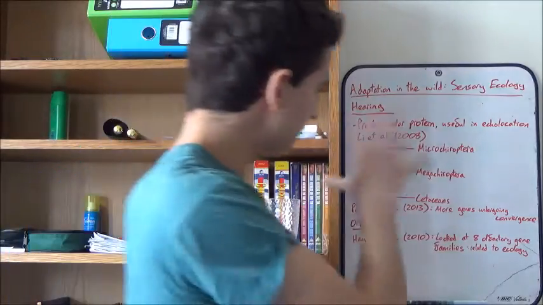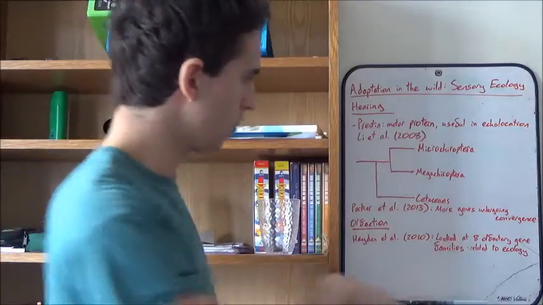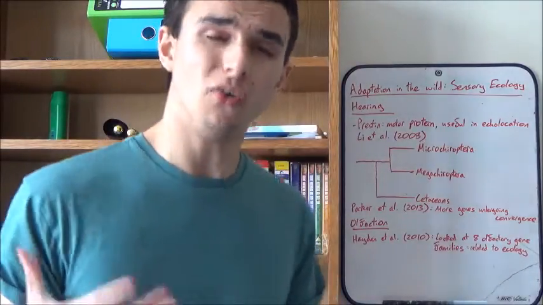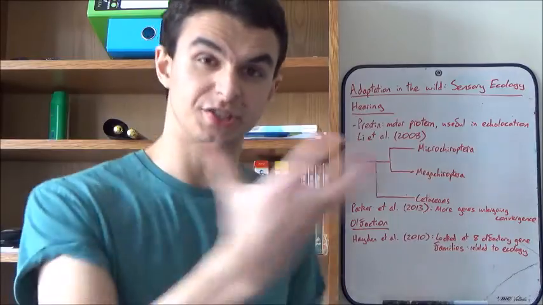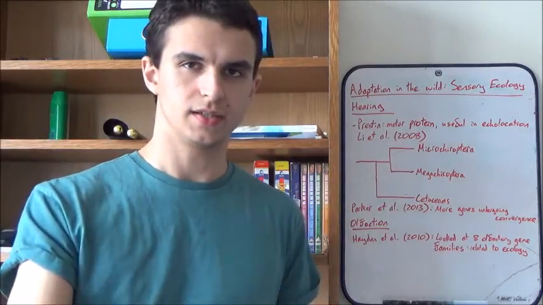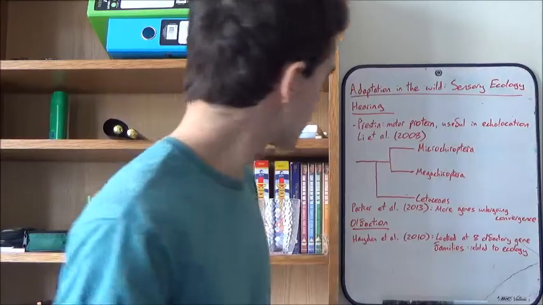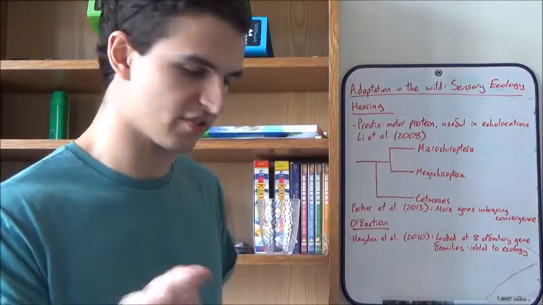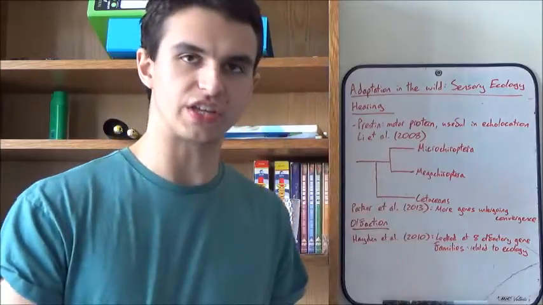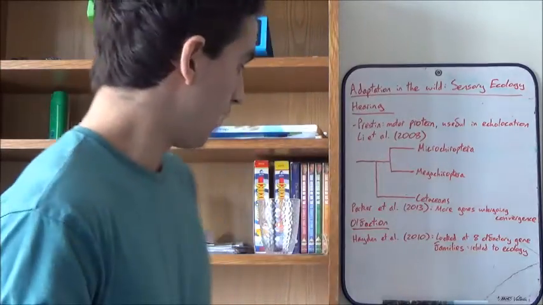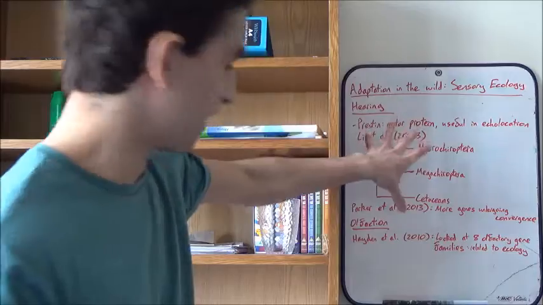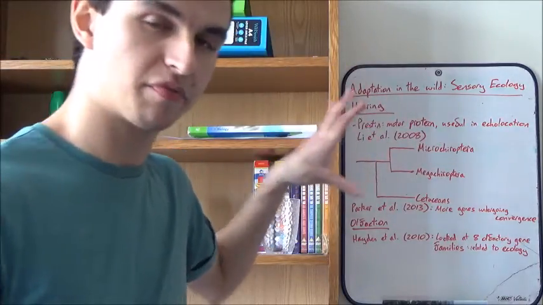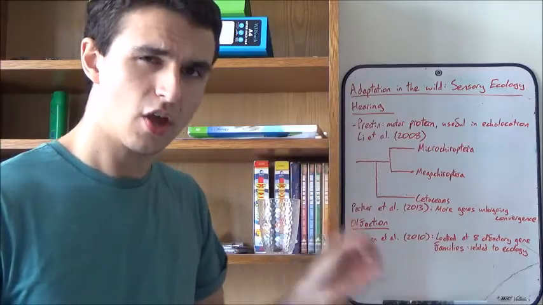Okay, so here's a phylogeny then, and what I've drawn at the bottom here are the cetaceans. Now the cetaceans are also famous for echolocating, the dolphins and the whales. So what this guy called Lee did in 2008, he took the prestin gene and constructed a phylogeny just from that. And what you find is that this phylogeny isn't actually what you see normally.